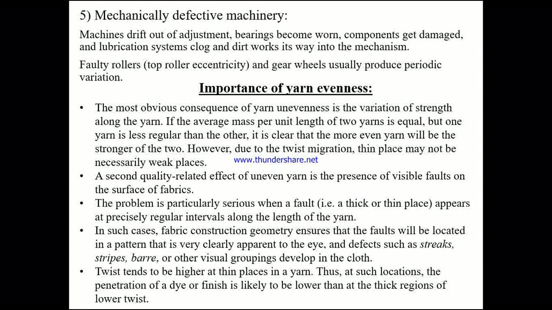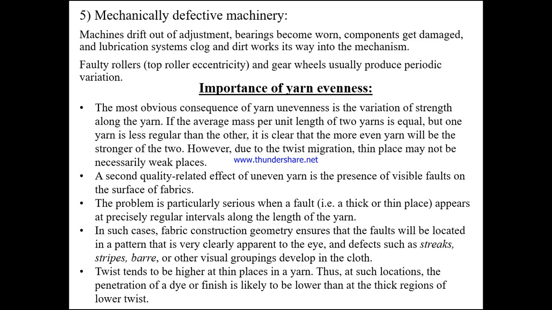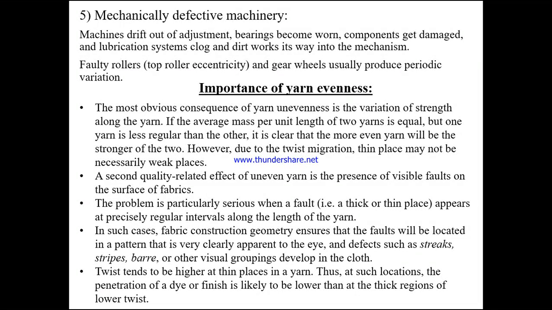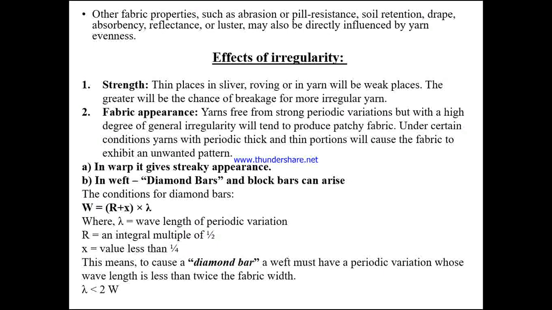So thick places will be dyed with a darker shade and thin places with a lighter shade, and as a result there will be shade variation in the fabric depending upon the thick and thin places. That will also cause a serious defect.